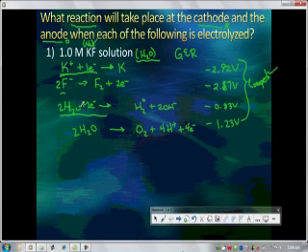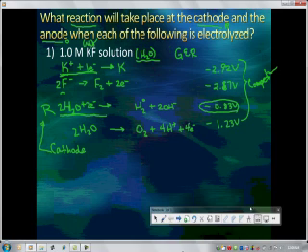Well, the one with the more positive value is going to be the winner. And a negative 0.83 is more positive than a negative 2.92 volts. So our winner here for the reduction reaction at the cathode is the water reaction. So at the cathode, this is the reaction that's going to take place. Right here.